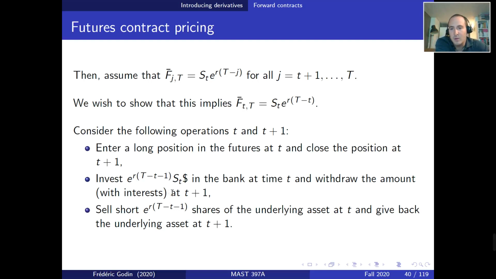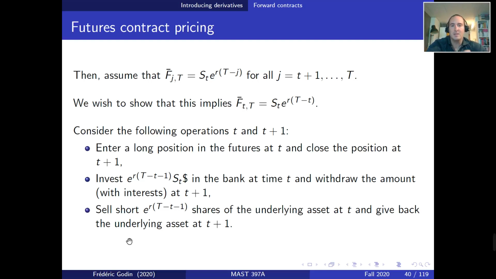Finally, one last operation we will make at time t is to sell short this same factor, which is some kind of accrual factor, of shares of the underlying asset at time t. Because we sell it short at time t, we have to give it back at time t+1, to the person from whom we borrowed the asset. To give it back, we have to purchase it back on the market.